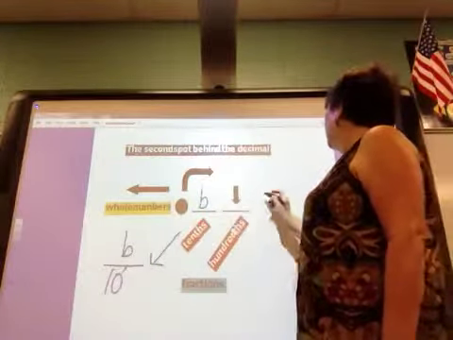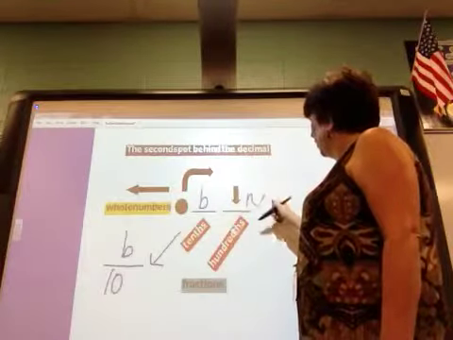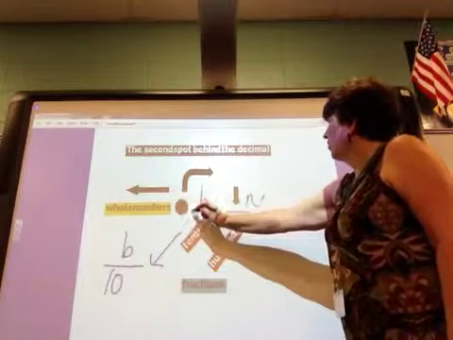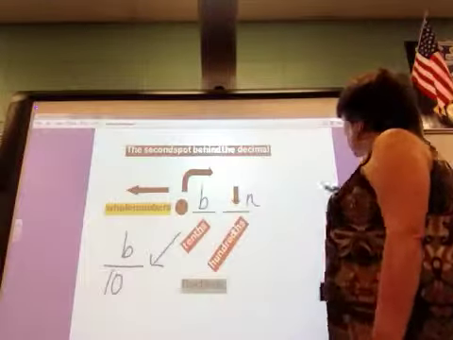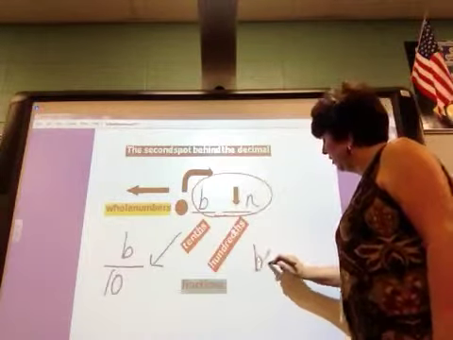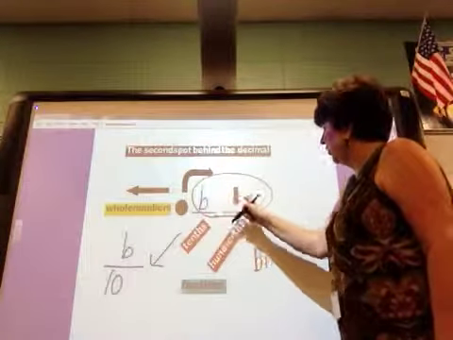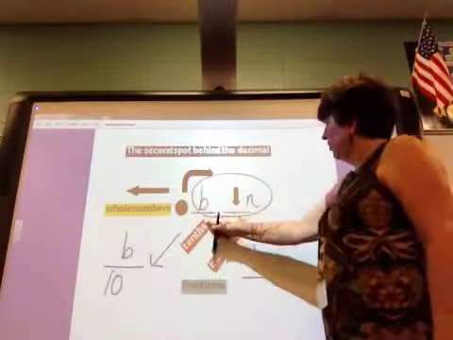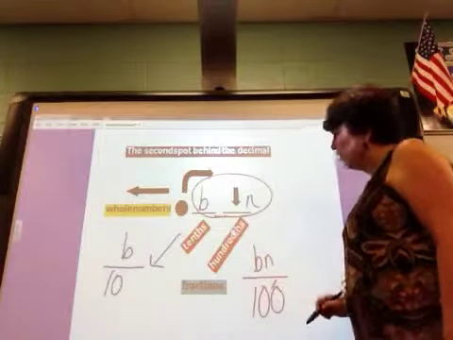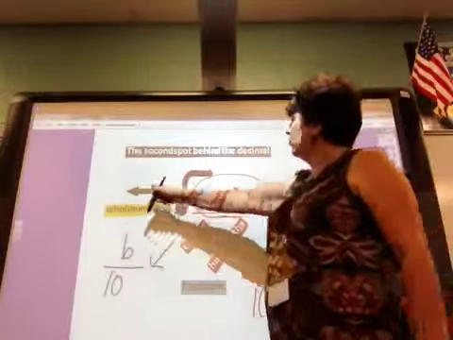Let's call this one over here N. And so whatever this digit is here, this is where it gets a little different. This is where you would put them both together, so you would have BN, which would be both digits, over 100, because this is your hundredths place, is where it ends. So for example, and then of course your whole number is here.